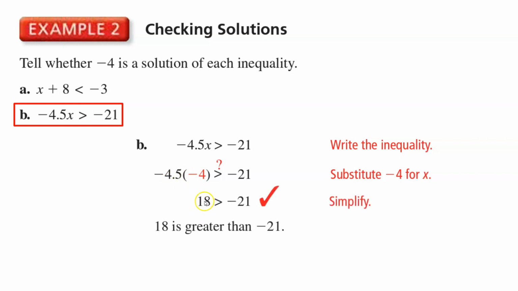And then we check, is 18 greater than negative 21? 18 is positive, negative 21 is negative, so yeah, 18 is greater than negative 21. That means that the negative 4 that we plugged in for x is a solution to the inequality, because when we plug it in for x, we get an inequality that is true.